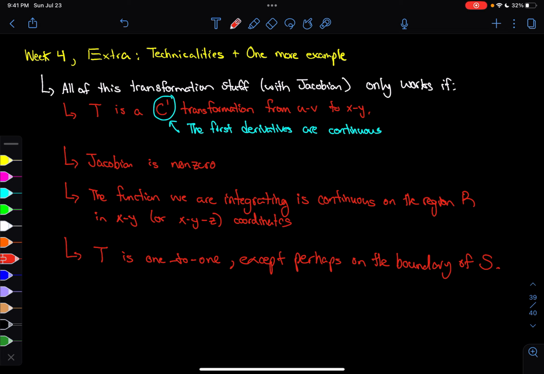Basically what this means is that we're not adding too many points or taking away too many points when we're going back and forth between each area, that every point comes from somewhere else. If you forget what one-to-one means, you can bust open your pre-calculus textbook or Google what it means for a function to be one-to-one. Just check that out. So these are the technicalities that exist behind the scenes.